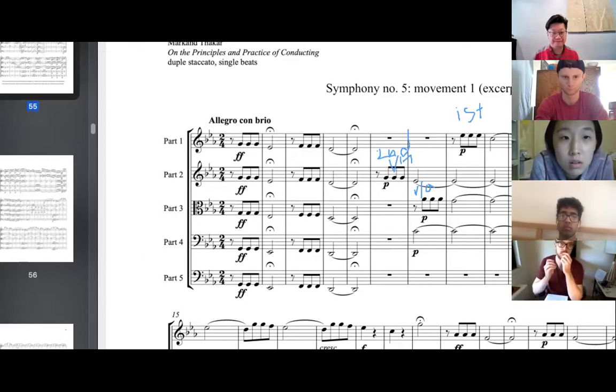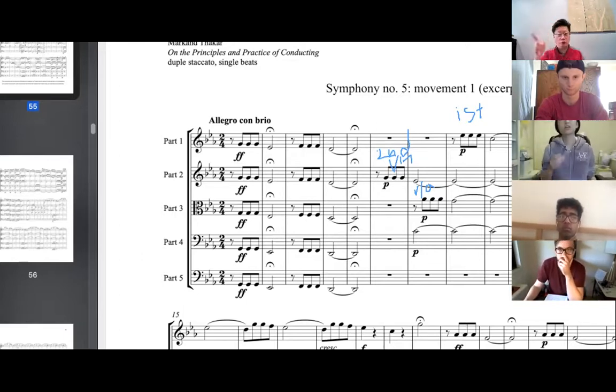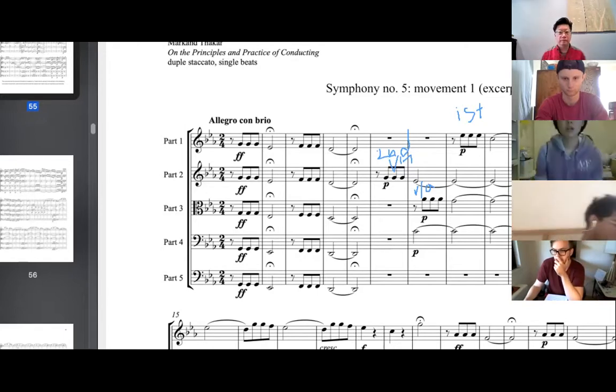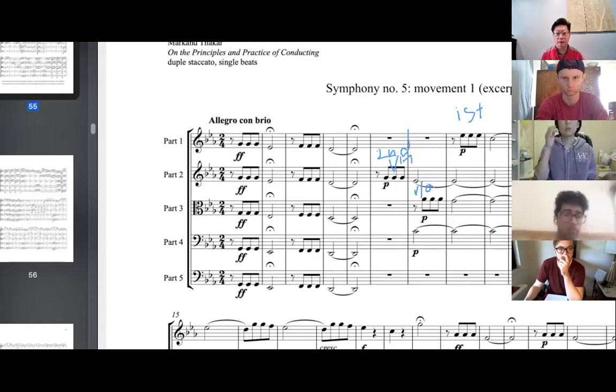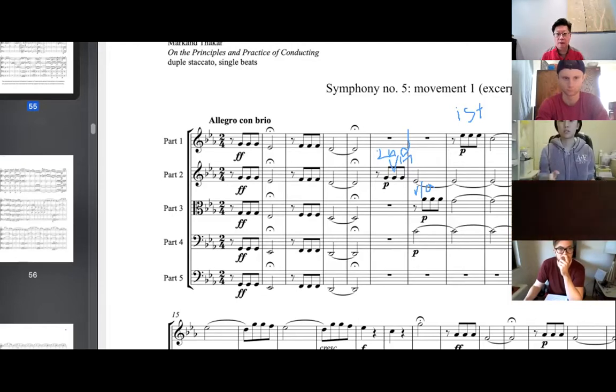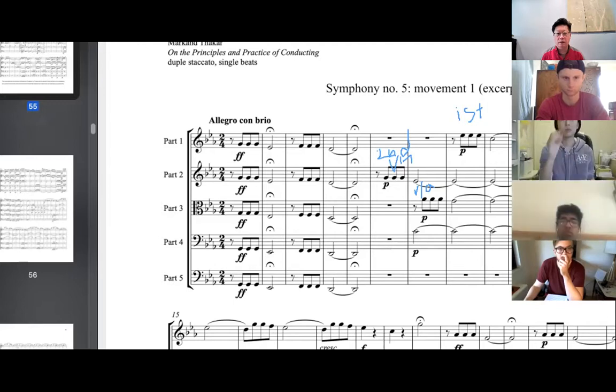Rachel, you want to try again? Oh yeah. Don't push the eighth notes together. Really. Very good.